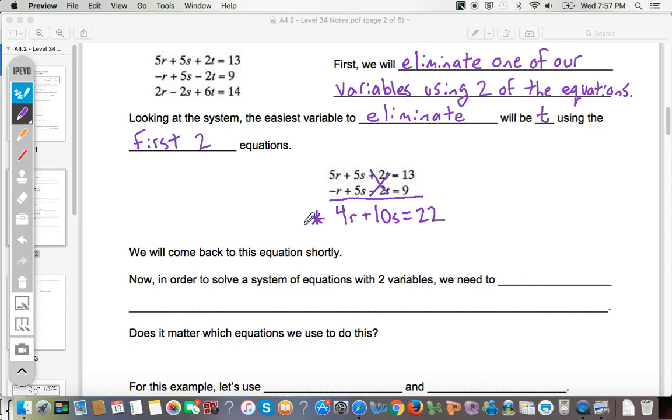Okay, so now in order to solve a system of equations with 2 variables, we need to eliminate t again using two different equations.